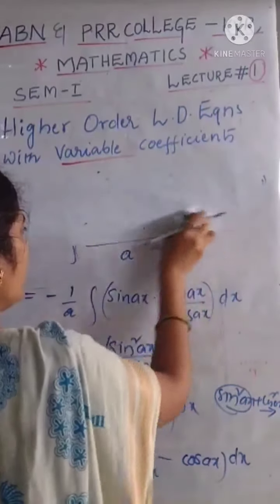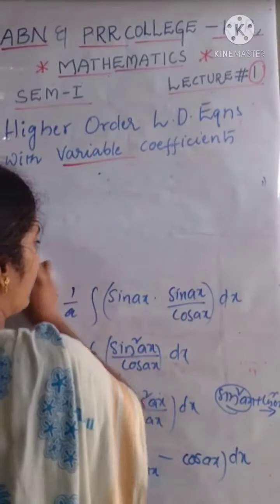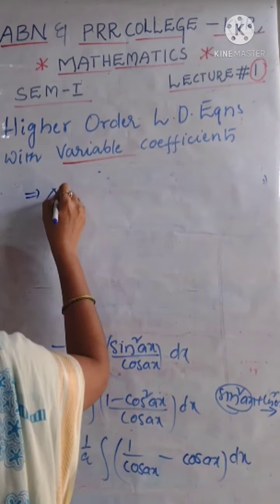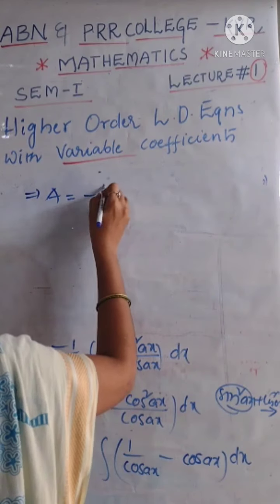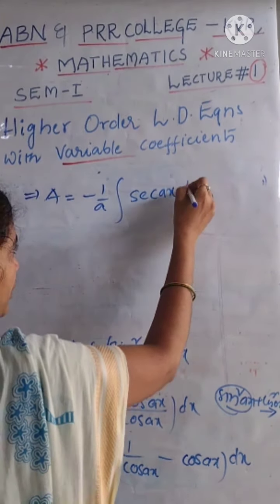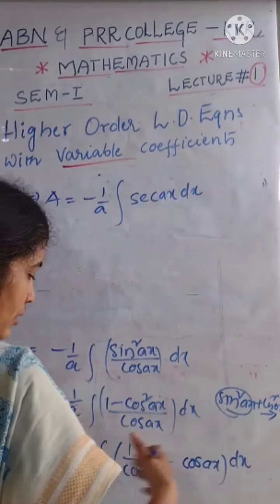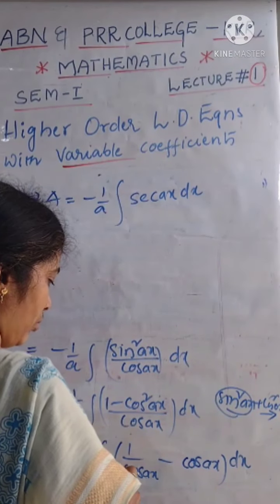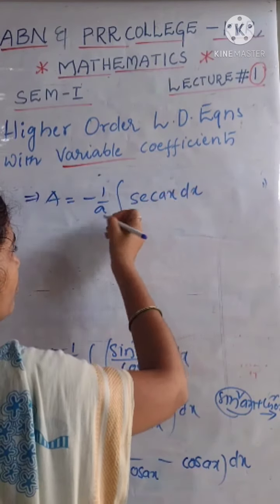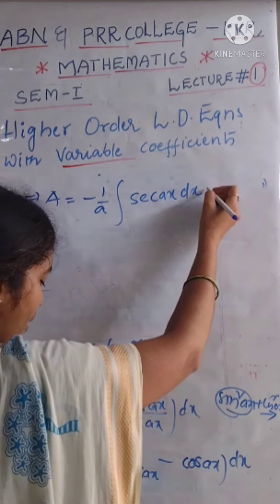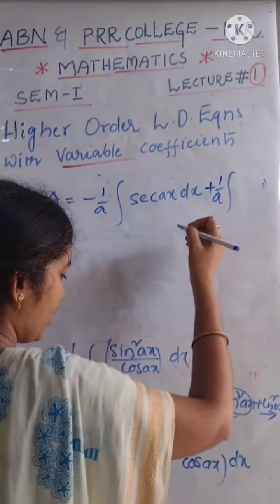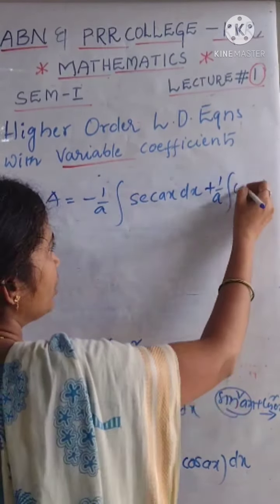What is 1 by cos ax? It is secant ax. Let us take this as two integrals because we have minus here. Splitting the integral: minus of minus plus 1 by a integral cos ax.